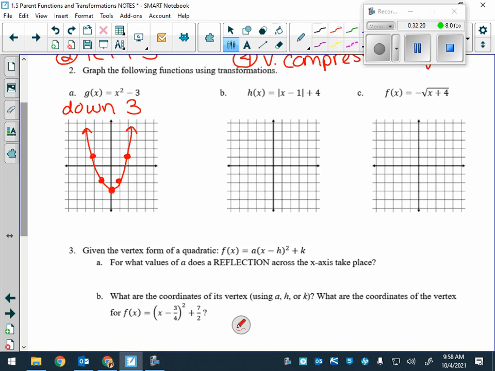Eleanor, what's my vertex? For B. Careful. 1, 4 is my vertex. Okay. So 1, 4 is my vertex. What transformation happened? Give me 1, Charlie.